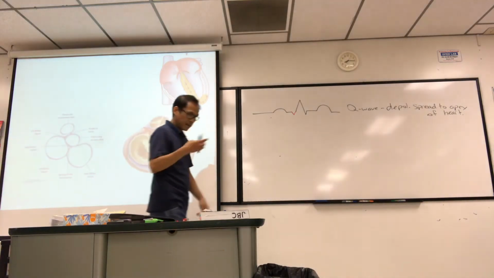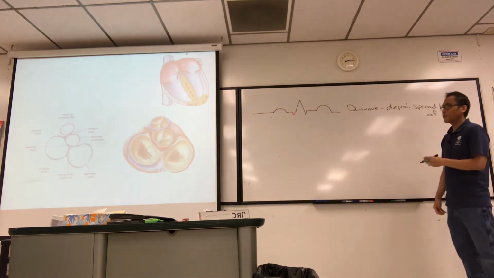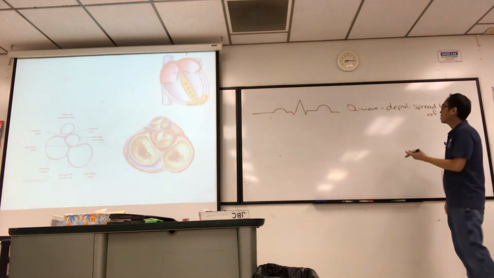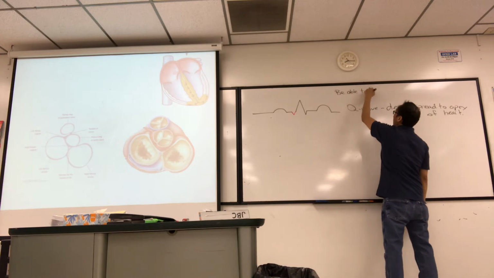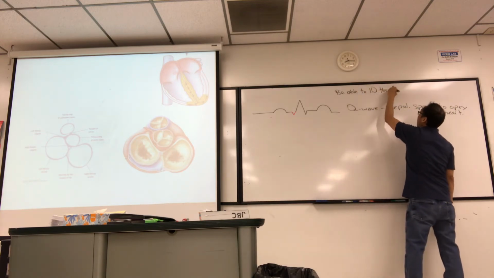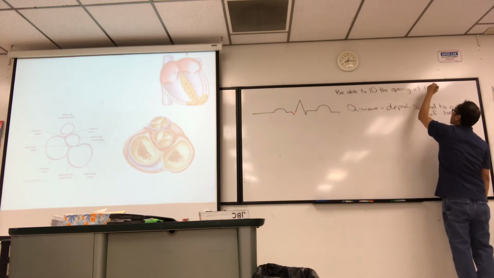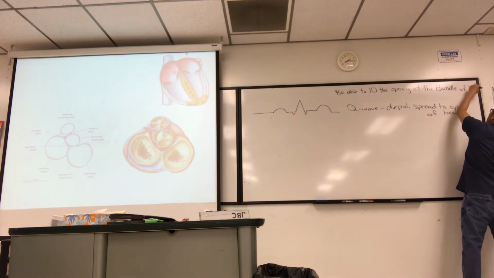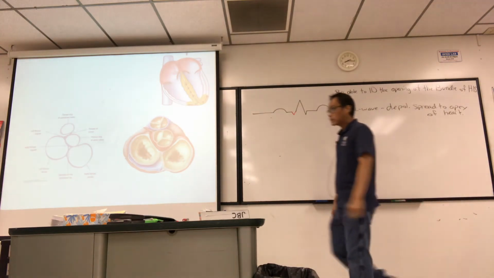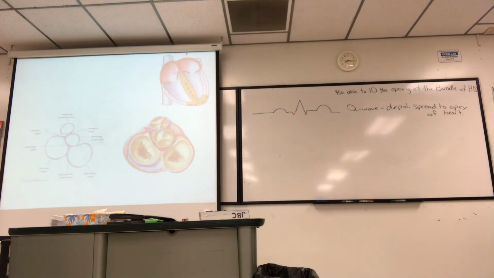I always like to ask that on exams, and if you didn't remember to study it, you'll have no idea what that tiny hole is. It's so important. Let's move on.